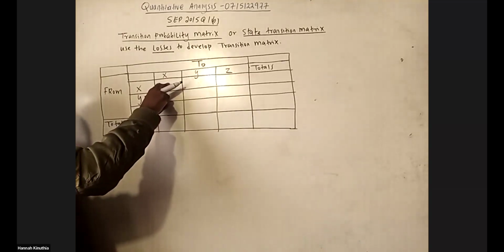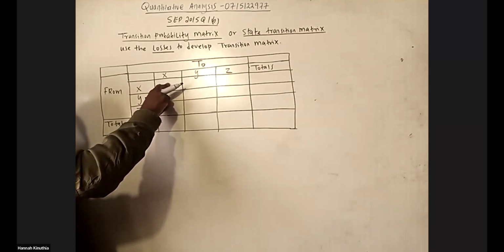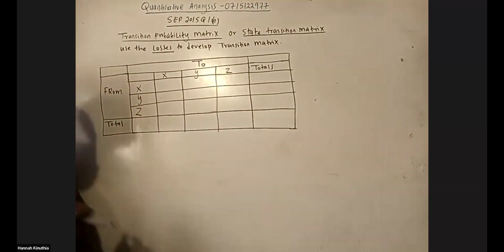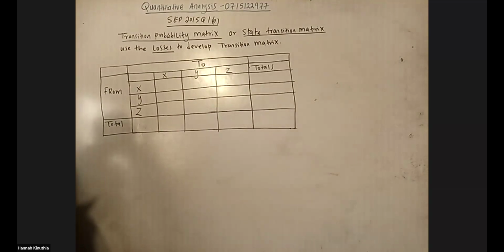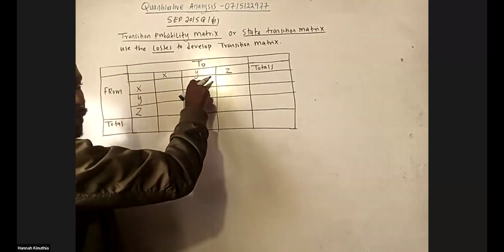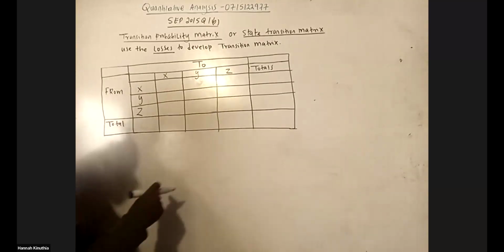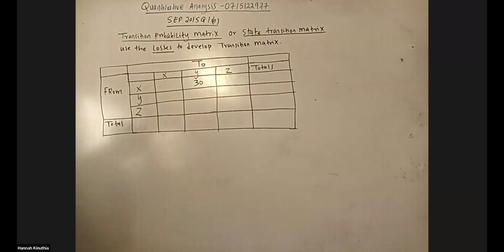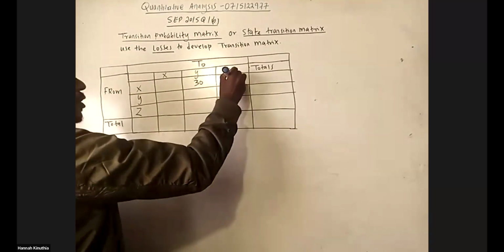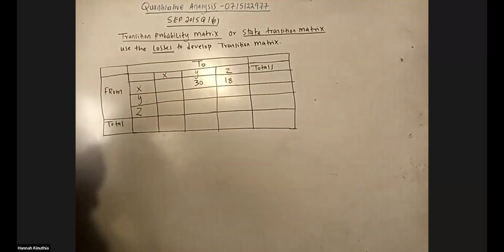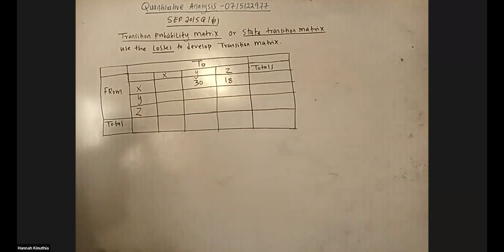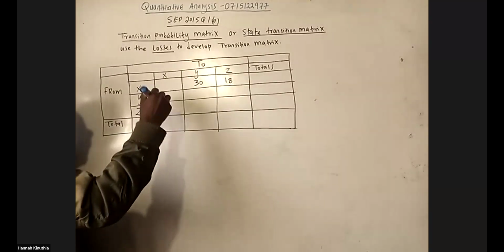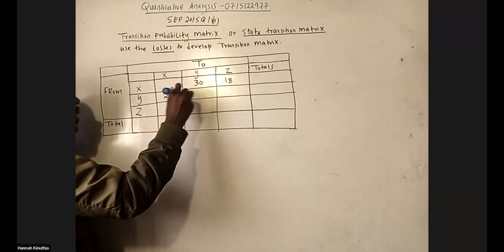What's the figure in X kwa losses too? XX, there's no. Alafu next 18. Aya, tuende kwa the second one kwa Y. Ukienda kwa Y, do you have the figure hapa? 24.